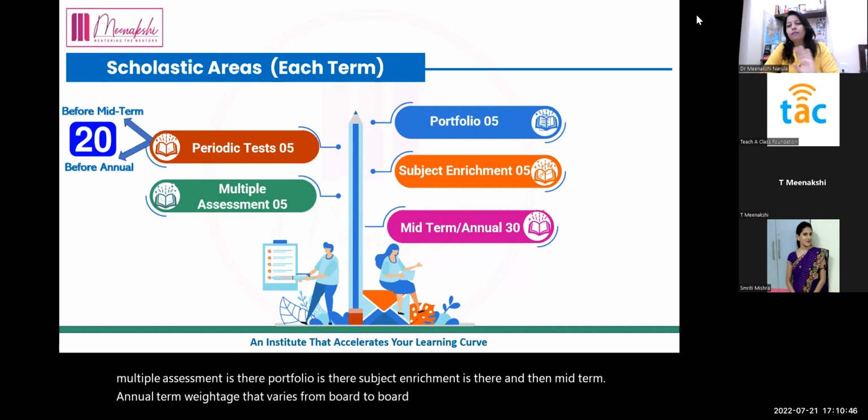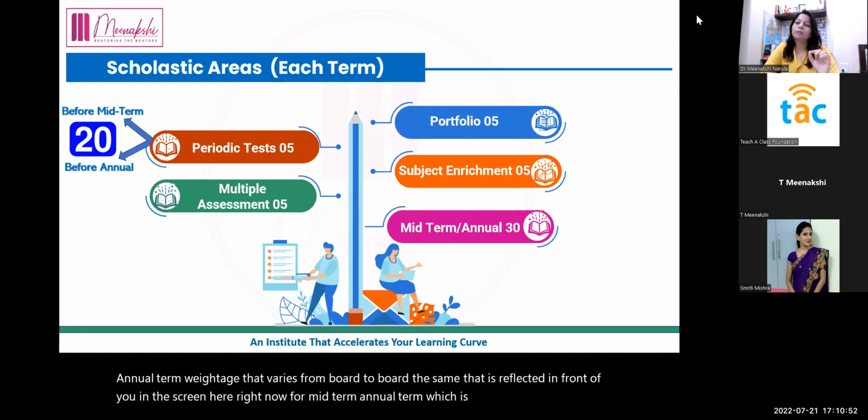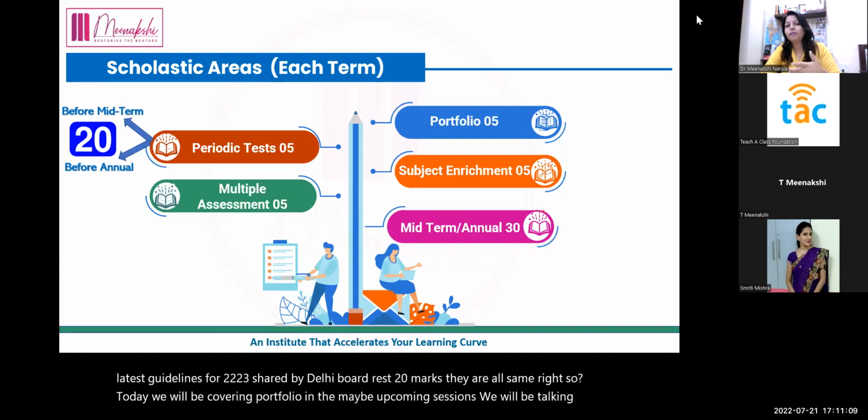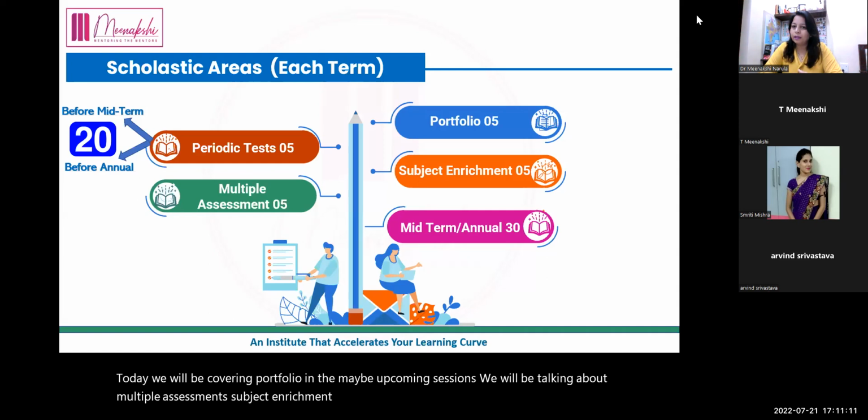The same is reflected on the screen: midterm and annual term is 30, as per the latest guidelines for 22-23 shared by Delhi board. The remaining 20 marks are all the same. Today we will be covering portfolio. In the upcoming sessions, we will be talking about multiple assessments, subject enrichment, and other activities as well.